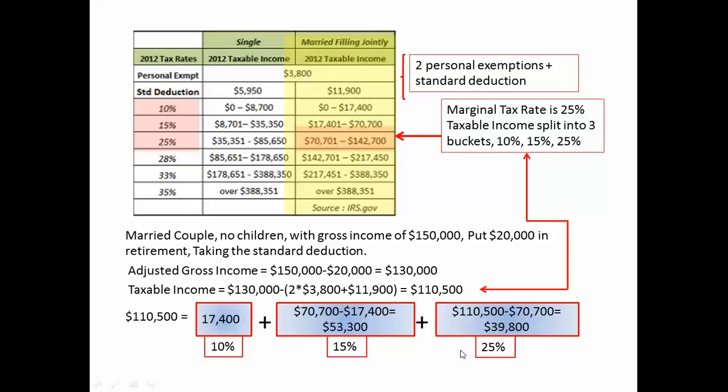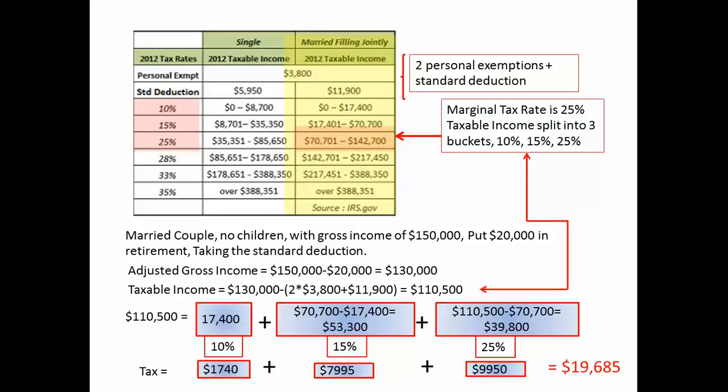I hope you're using your Google spreadsheet to do that. 10% of 17,400 you can probably do in your head. That's $1,740. 15% of 53,300 is $7,995. And 25% of 39,800 is $9,950. If we add these numbers together, that adds up to the tax these people have to pay, $19,685. That's their income tax.